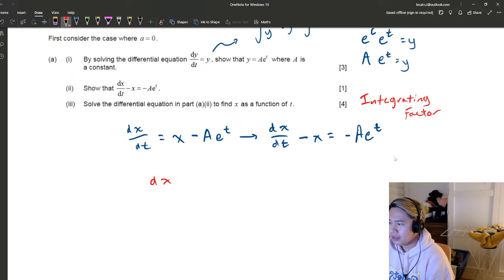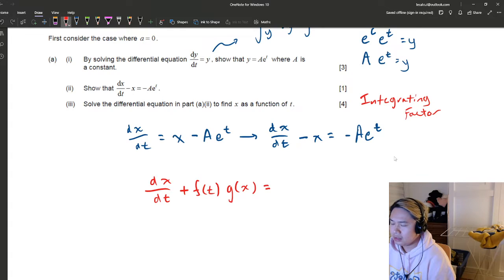Because essentially dx/dt plus some function of t times some other function of x should equal another function of t.